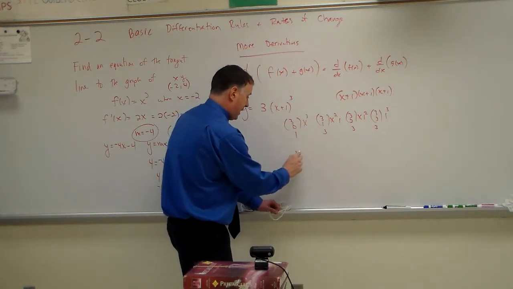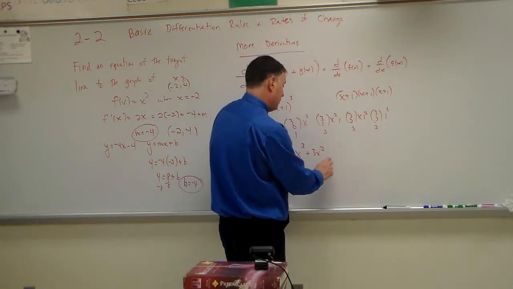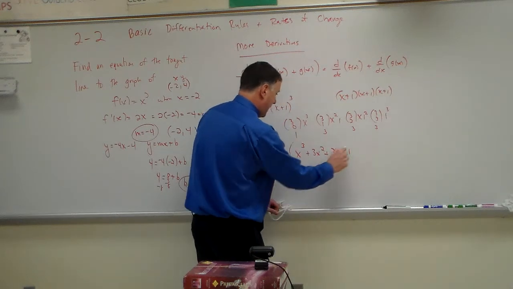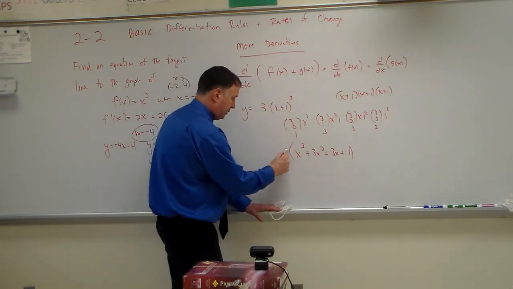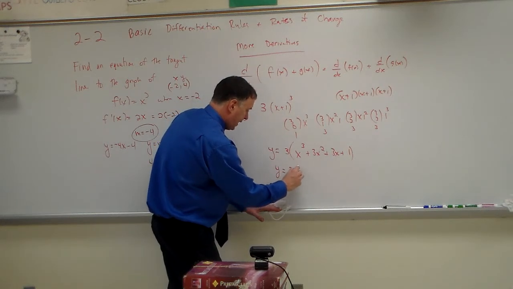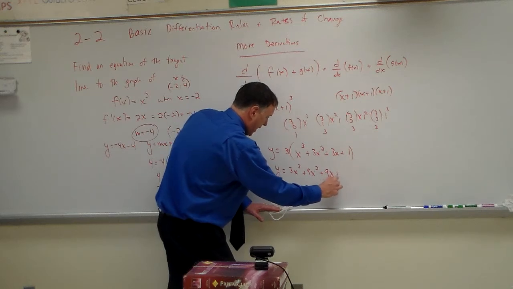So I'm going to have x cubed plus 3x squared plus 3x plus 1. And then I have a multiplied by 3. So it's going to be y equals 3x cubed plus 9x squared plus 9x plus 3.